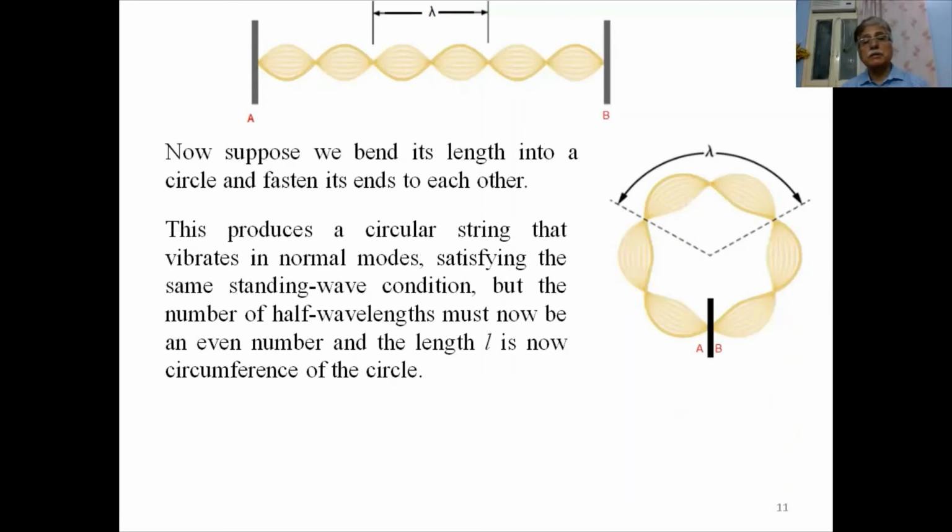Now, this produces a circular string that vibrates in normal modes. This satisfies the same standing wave condition, but here there is a difference. Here, not an odd multiple of half wavelengths will fit, rather an integral multiple of wavelengths is going to fit on the circle.